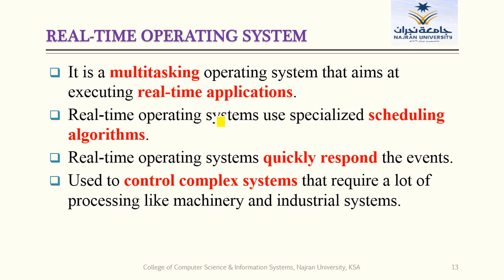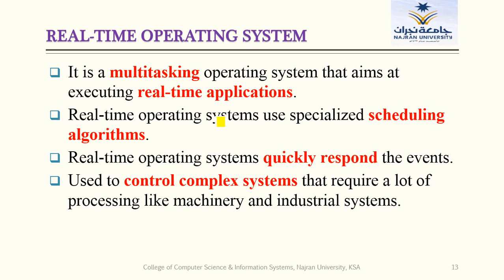So we use them in industry where we have complex calculations. We also use these types of systems in our daily life, like doors. In different shopping malls, you will see real-time applications being used.